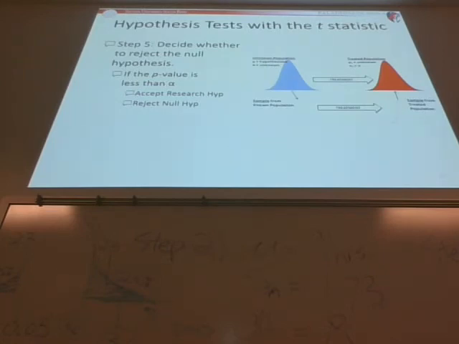If your p-value is greater than your alpha level, your sample score will be less than your cutoff score. Basically, make your decision based on p-values and alpha levels. Make your decision based on sample t-scores and cutoff t-scores, and you will end up, if you've done it correctly, with exactly the same answer.